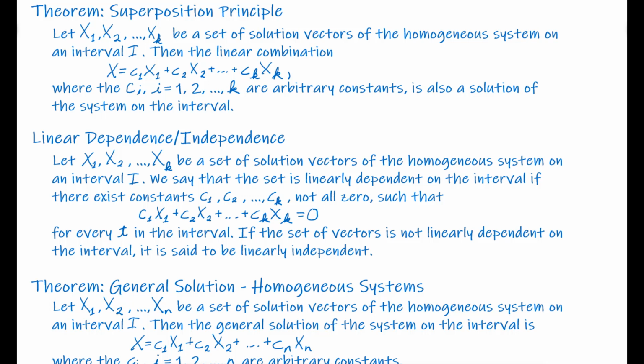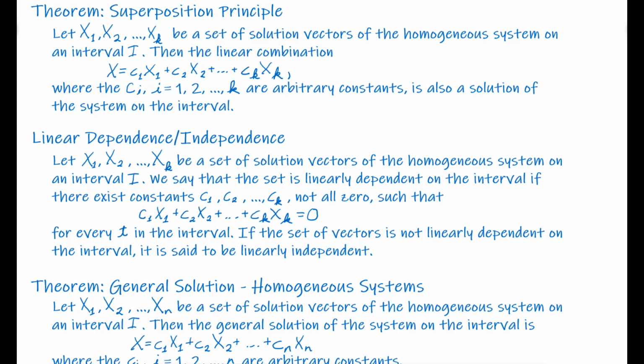If the set of vectors is not linearly dependent on the interval, it's said to be linearly independent. So basically, if I can combine these things in some way that they cancel each other out without it just being 0 times each one added up, then I've got linearly dependent solutions, and otherwise they're linearly independent.